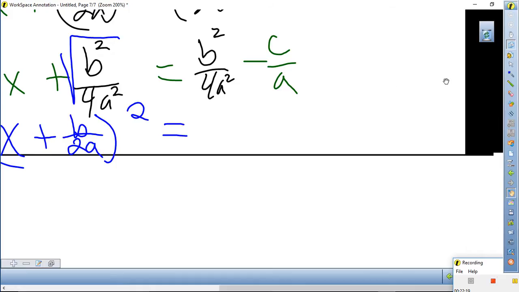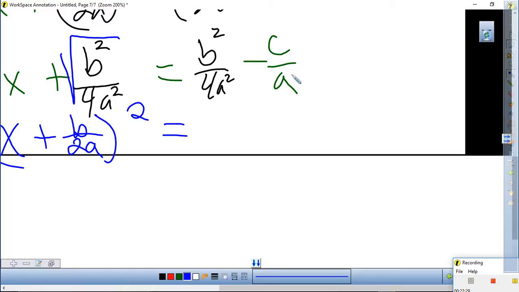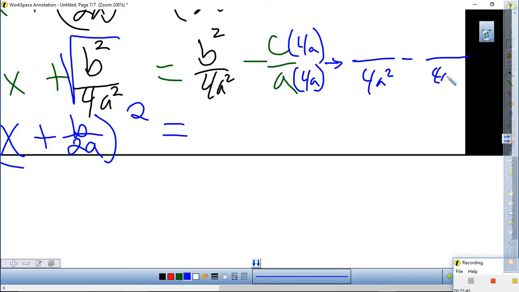Caleb. 4A. Oh, multiply it times 4A. Okay. So I end up with two fractions. 4A squared, B squared, and 4AC. So that becomes what? What's in the numerator?